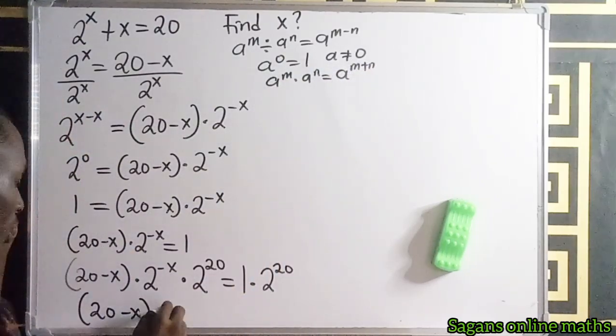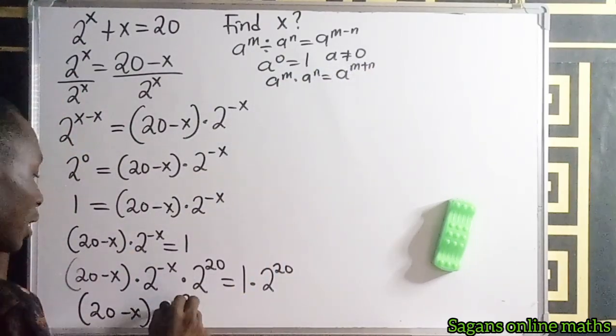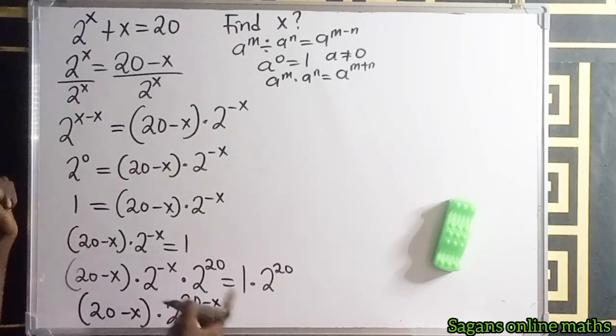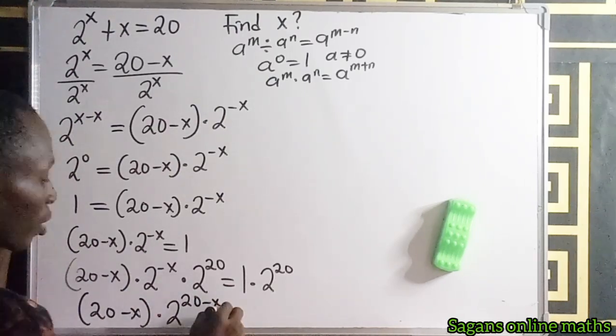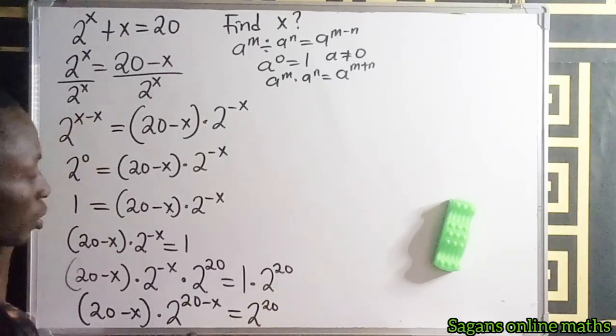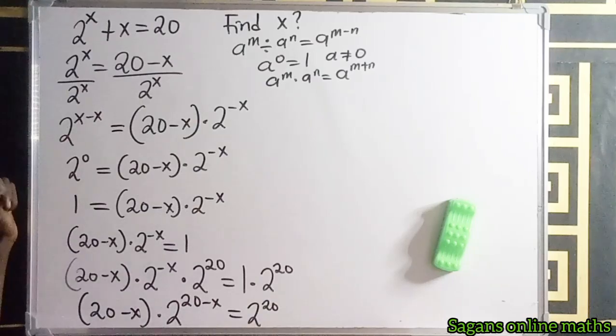So here we take a single base, which is 2, and add the exponents, equals 2 to the power of 20, because 1 times 2 to the power of 20 is 2 to the power of 20.